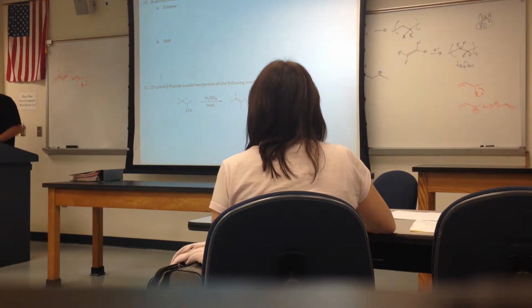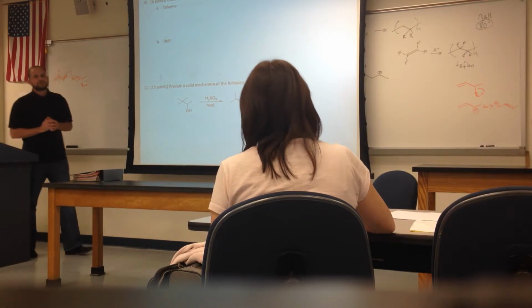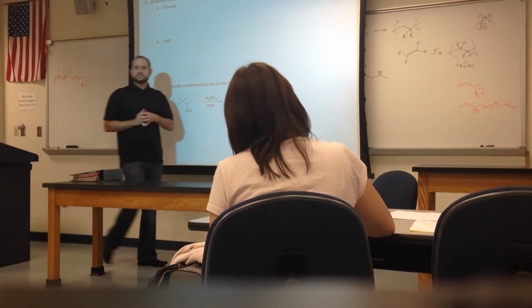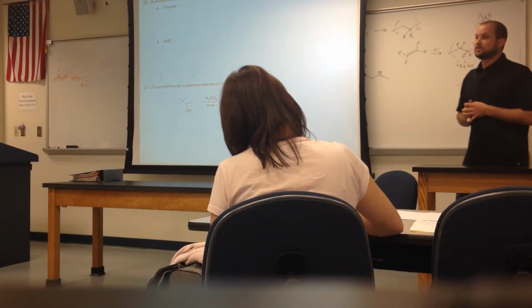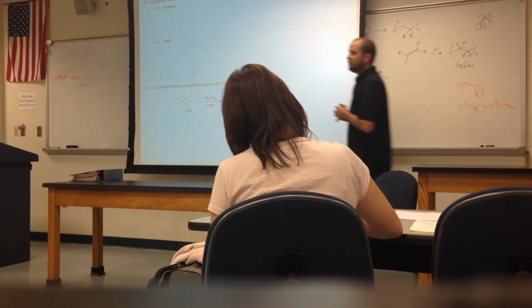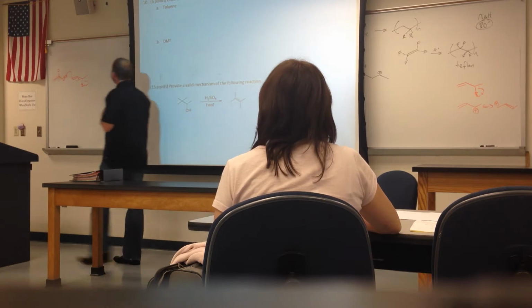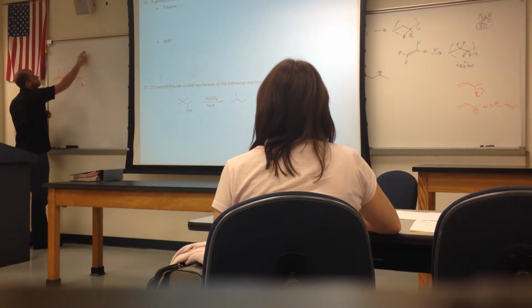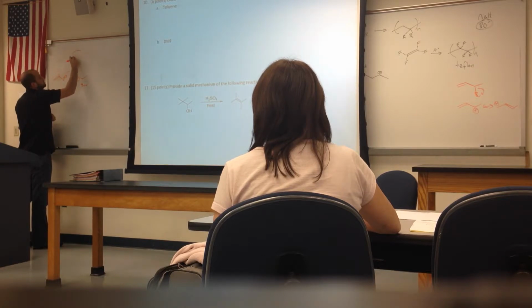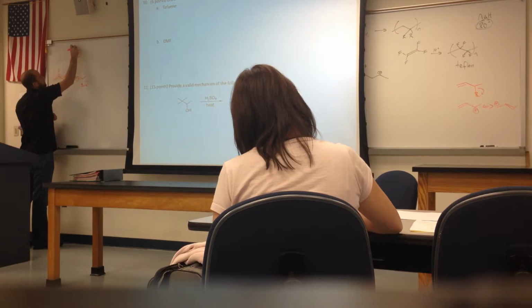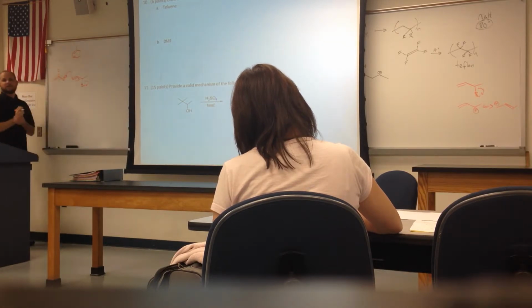All right, the next one just asks you to draw line structures for 2 solvents. I gave you a whole bunch of solvents. All their structures are fair game. In this case, I asked for toluene and DMF. Anybody take a shot? What's toluene? Good. Benzene with a methyl on it. So there's toluene.